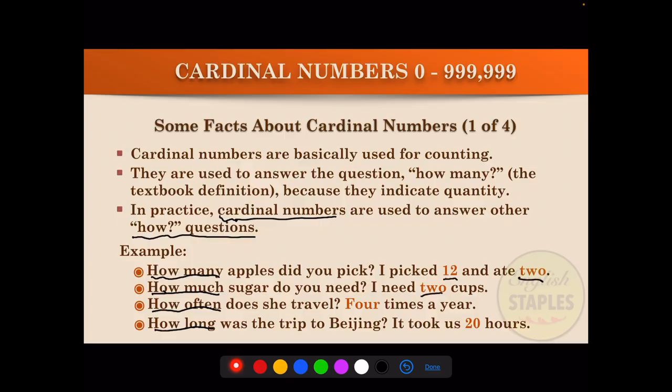In a little bit, we'll talk about why some numbers are numerals and some numbers are written out in words. We'll talk about that shortly. So we have here 12, 2, 2, 4, 20. These are all cardinal numbers.